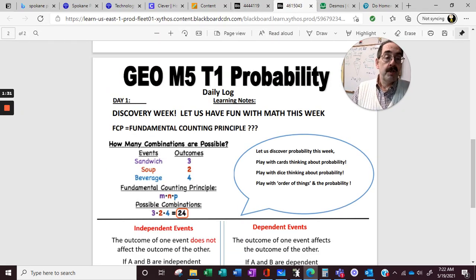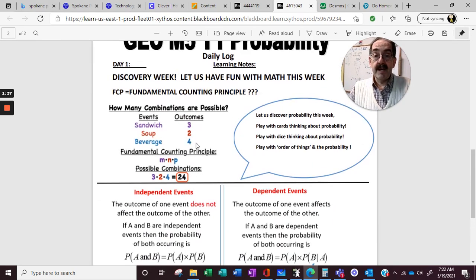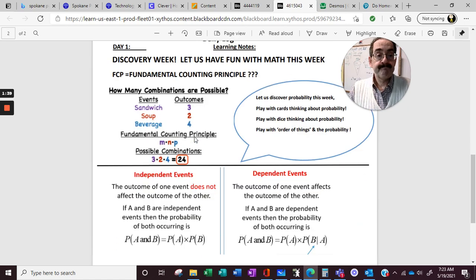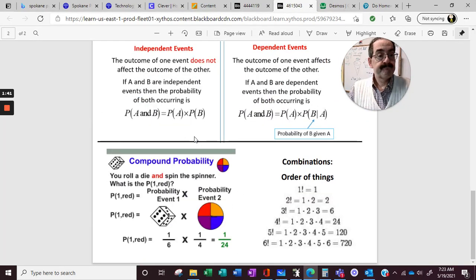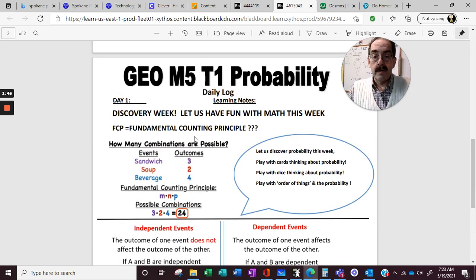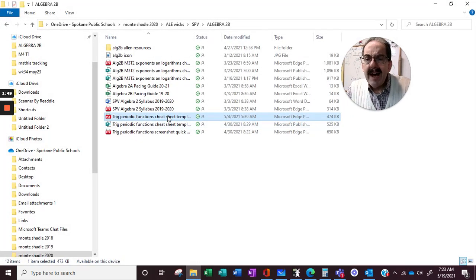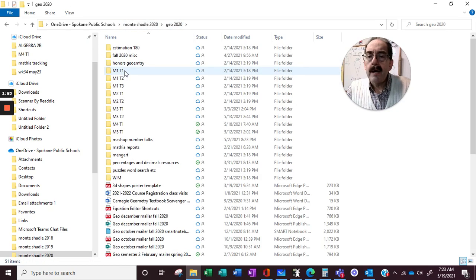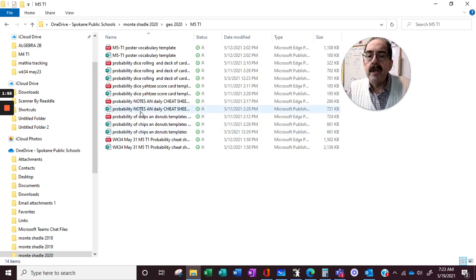Also, for those of you in the advanced version that are flying right along, probability. Probability is fun because I will enhance this so that we have more. Okay? I will make that a better version here.